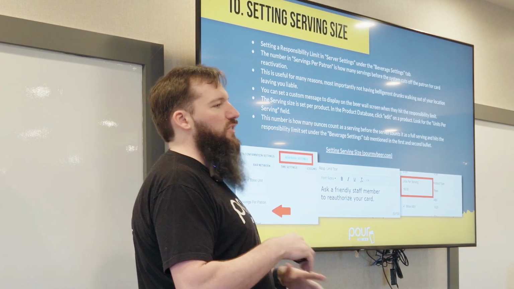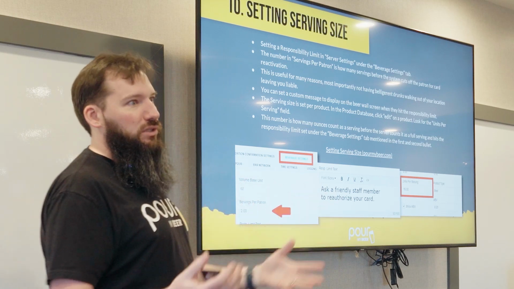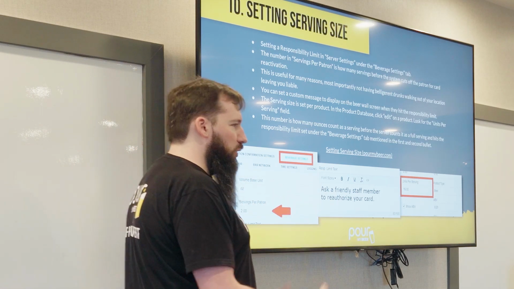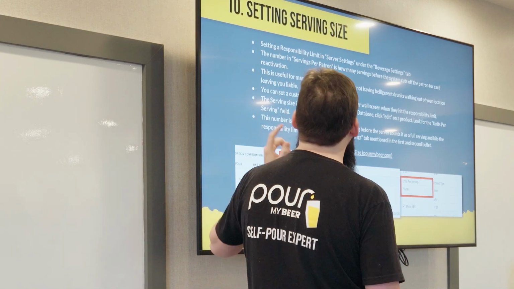You can customize that to be much more friendly if you would like. You're like, "Hey, you're awesome. We love your business. Come talk to us." But this is where we as PourMyBeer had a lot of friction with government bodies in terms of how do you manage people's responsibility. So anyway, next slide, please.